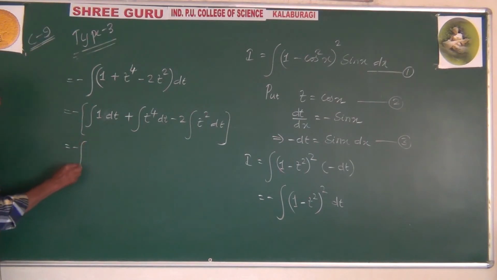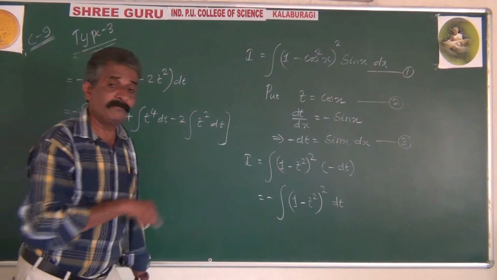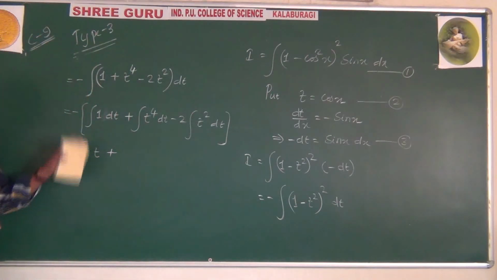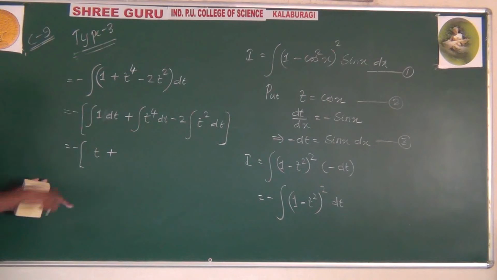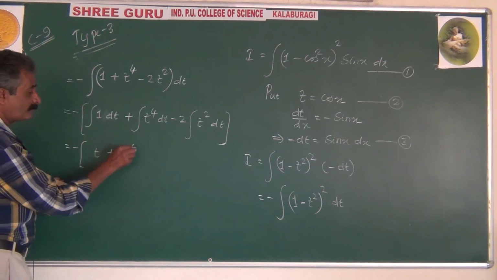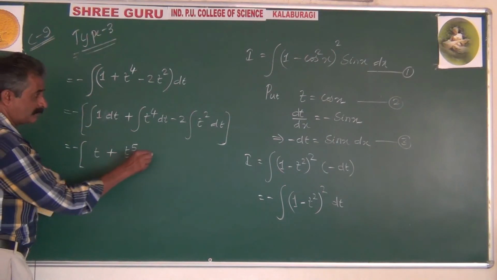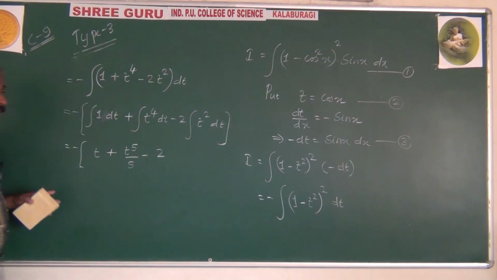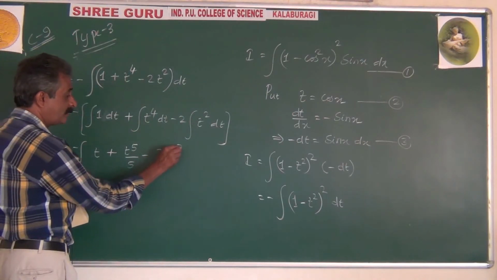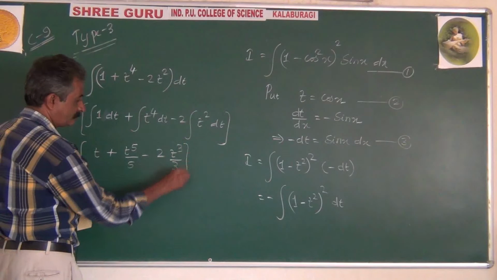What is integration of 1 dt? t. Here is very important: integration of 1 dx is x, but here the variable is t. Hence integration of 1 dt will be t. Integration of t power 4 is t power 5 by 5. Minus 2 into integration of t square, which is t cube by 3, plus constant.